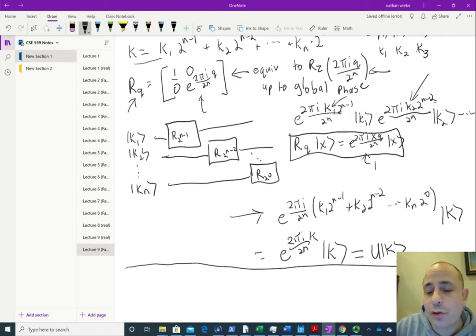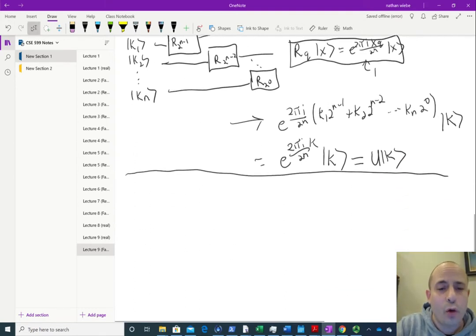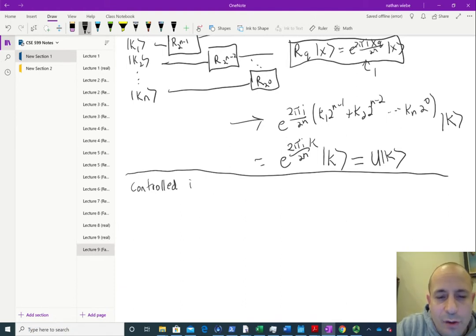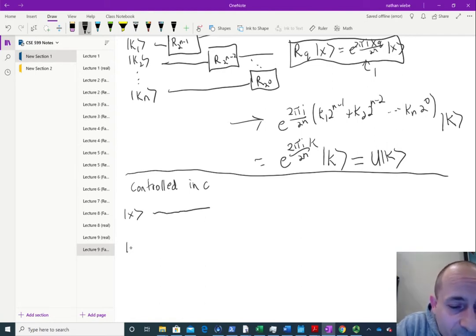Now, the next step in the construction, or almost like a quest to build an adder, is to do a controlled incrementer. Okay, great. So how do we do this? Well, the simplest way of building a controlled incrementer is as follows. Let's say we've got j down here. We begin by applying the quantum Fourier transform on n bits.